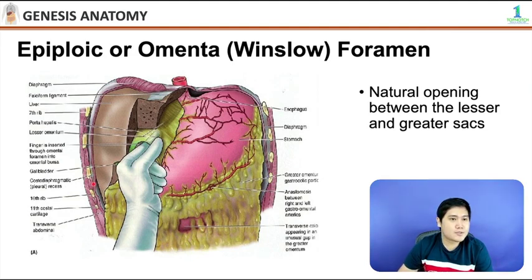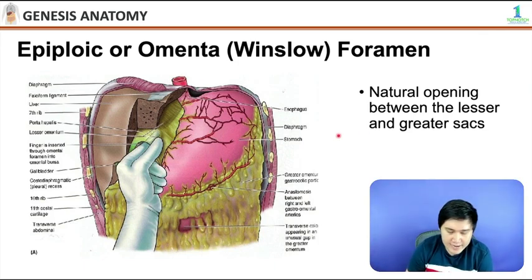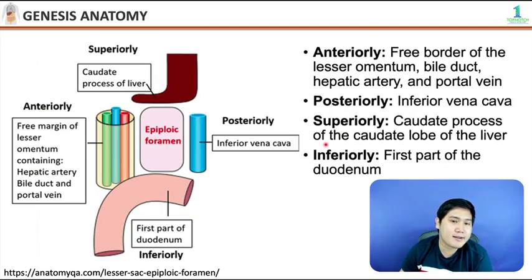We already mentioned the epiploic or omental foramen or foramen of Winslow. It is the natural opening between the lesser and greater sacs. It has boundaries, best represented by this diagram.